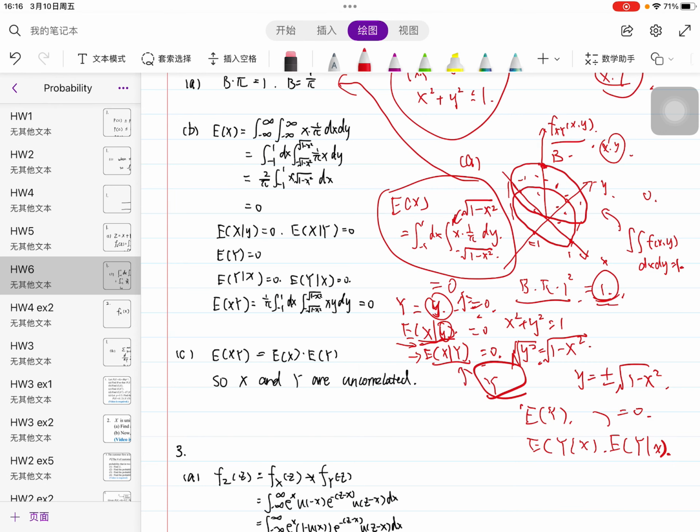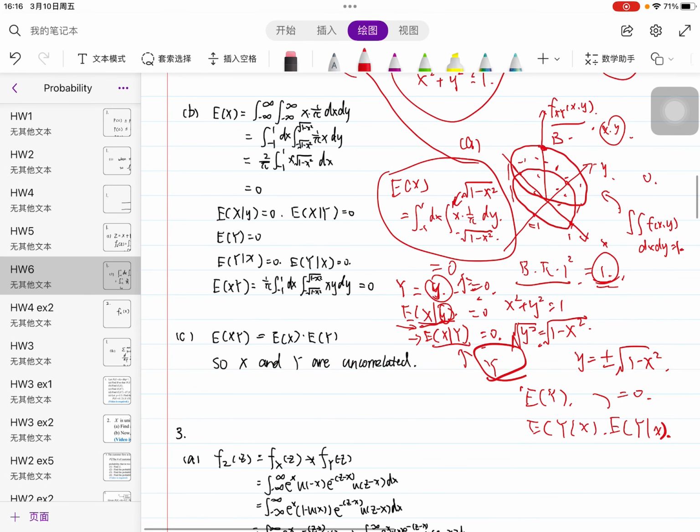Since the expression of the expected value of y is the same as x, it is also 0 here, and we know this is 0, so these two are also 0. And it's reasonable, right? Since the xy figure is a circle, and they are the same. I think I don't need further explanation for that.